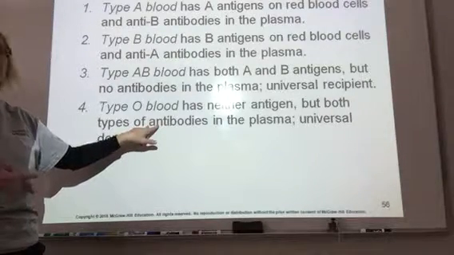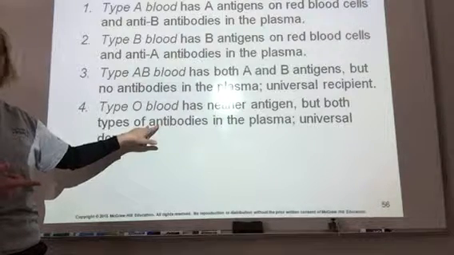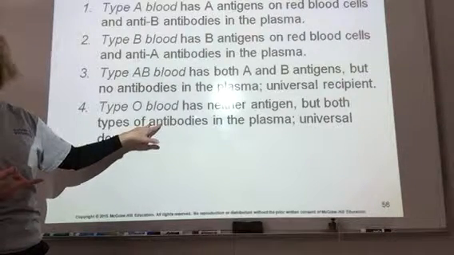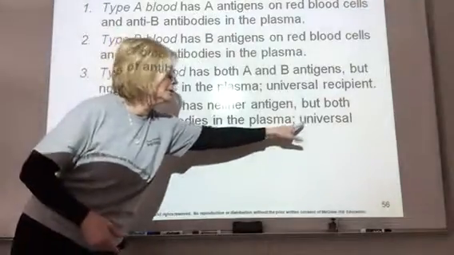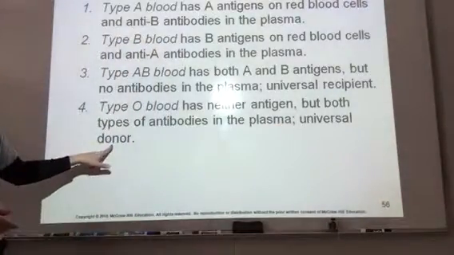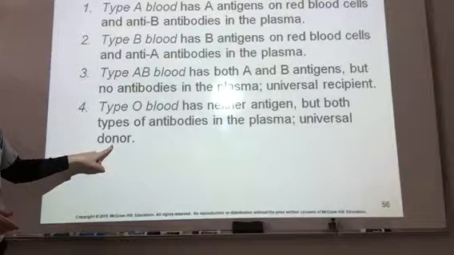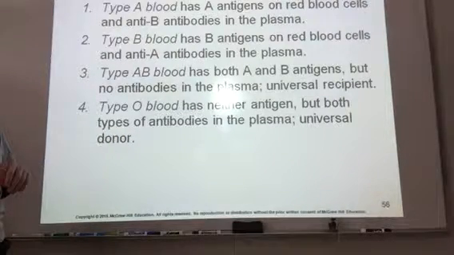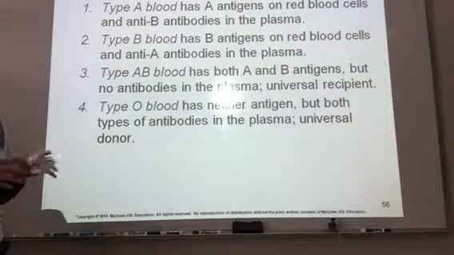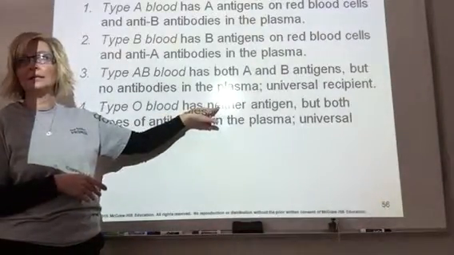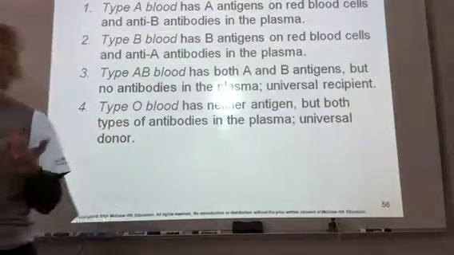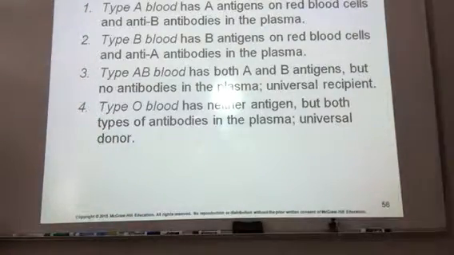I cannot receive B, anything with an A or B. I can only receive type O. However, I'm the universal donor because I have both antibodies and I have nothing on my red blood cell. I can donate to type A, type B, type O. I can donate to anybody.